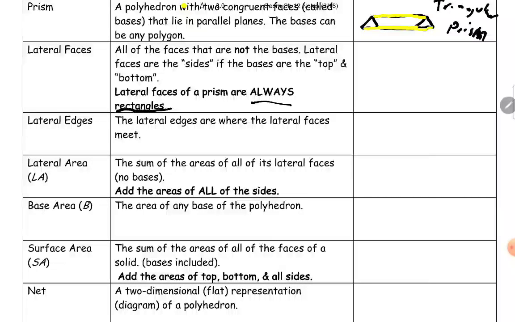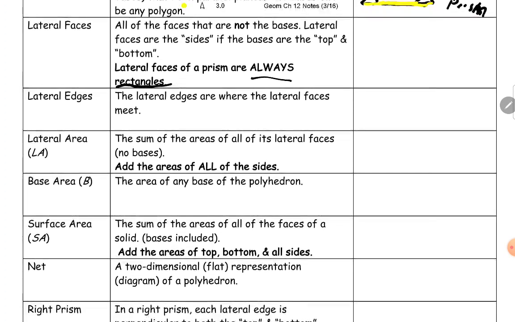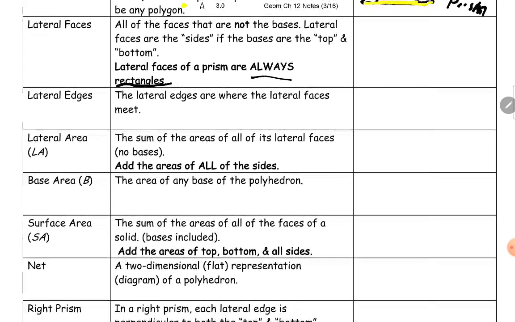Lateral area, since the faces are rectangles, you just add up the areas of all the rectangles. The base area is whatever the area of that shape is. If it's a triangle, it's 1/2 base times height.